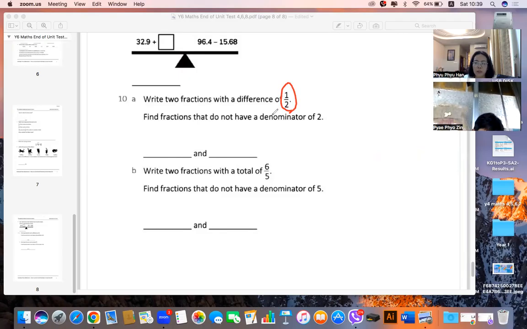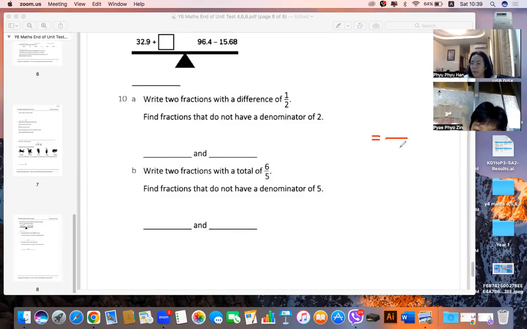We cannot make 2 the denominator, so we will make it other things. For example, we will make the denominator 8, because it says don't make the denominator 2.